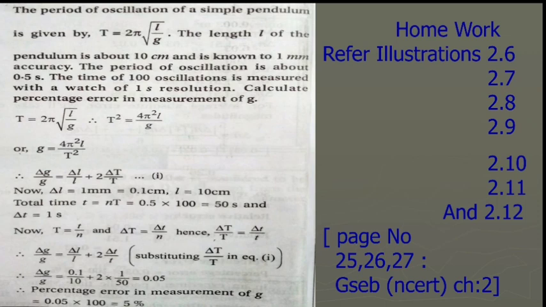So please refer to the illustrations as homework: Illustration 2.6, 2.7, 2.8, 2.9, 2.10, 2.11 and 2.12. Next time we will take up significant figures and their rules and some illustrations based on significant numbers. Okay, thank you.